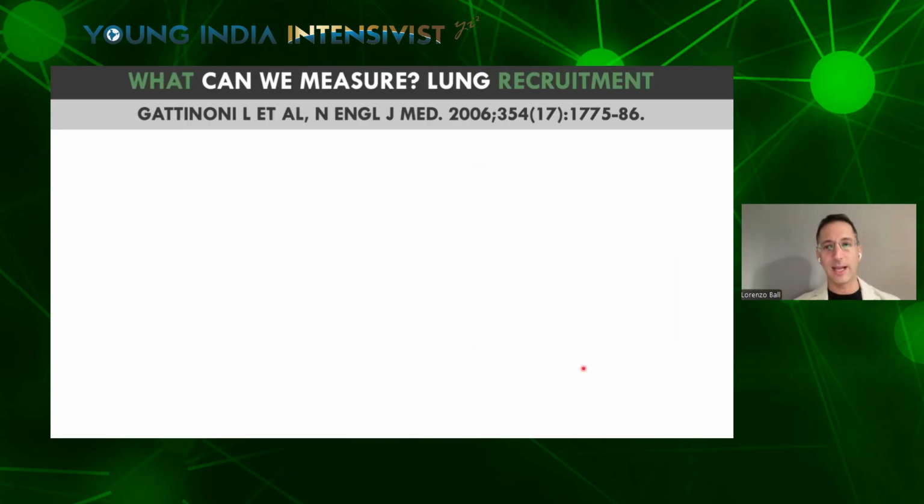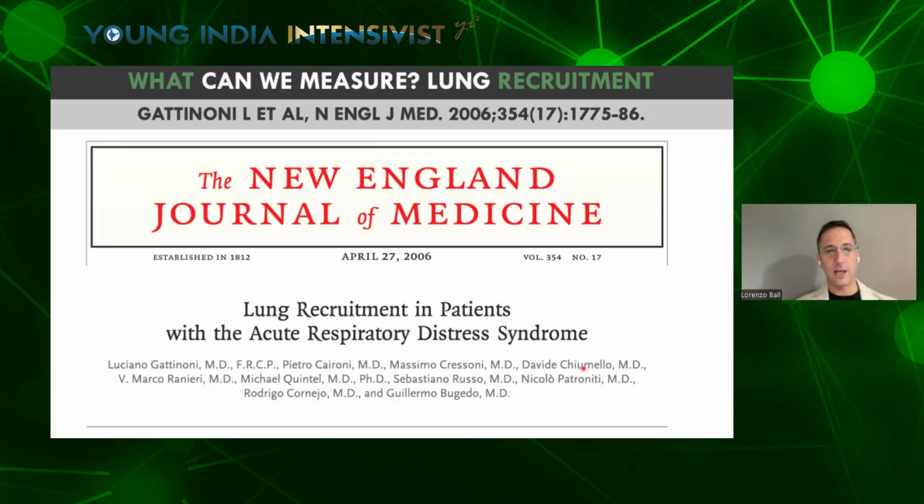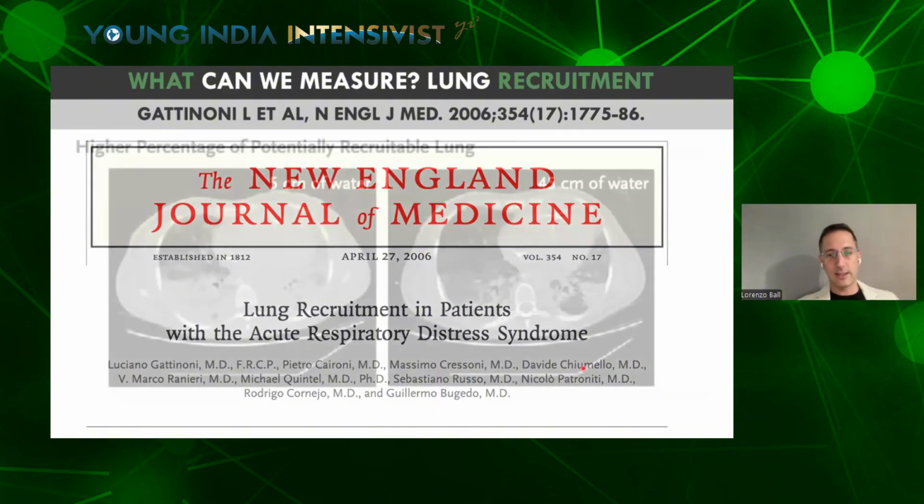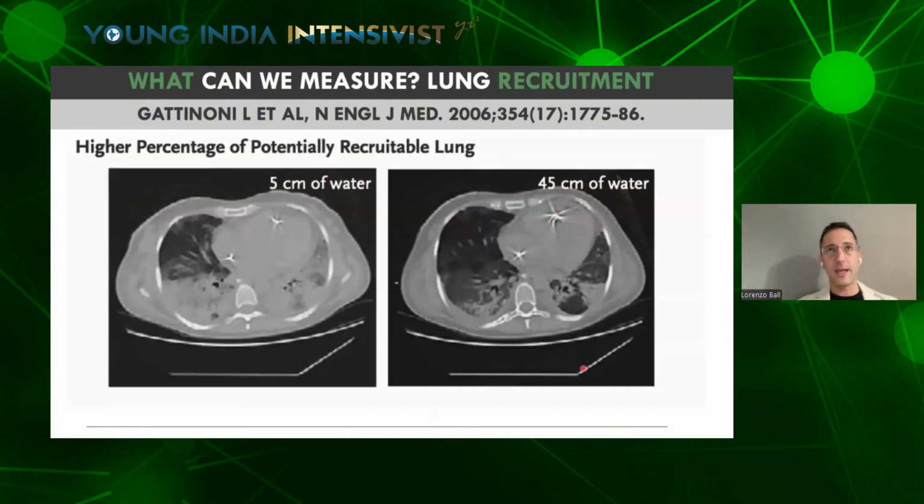But another thing we can get from the CT scan analysis is the quantification of lung recruitment. This is a very famous study which now has around 2,000 citations. It's a paper by Luciano Gattinoni in 2006, published in the New England Journal of Medicine. This paper studied the response to higher PEEP levels or higher airway pressures in patients with ARDS, and they identified that there are some patients in which applying a higher level of pressure helps.